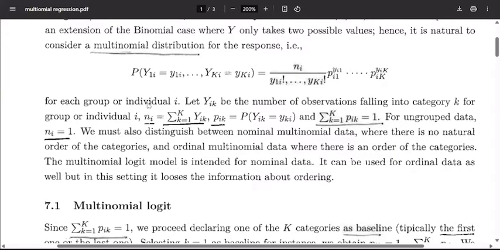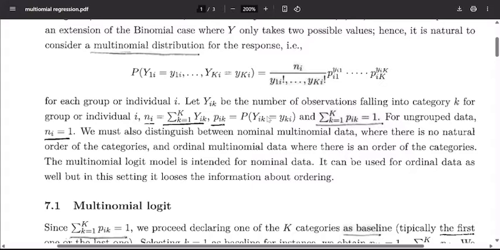Take a look at this: N_i equals the summation of Y_ik, like you are summing individuals falling into that category. And p_ik is the probability associated with that random variable for individual i. But you know what?